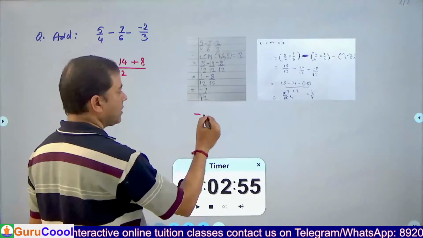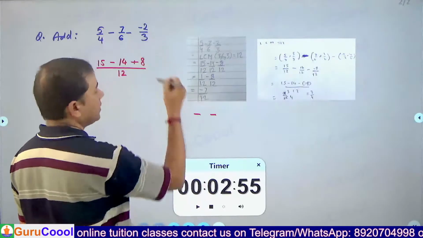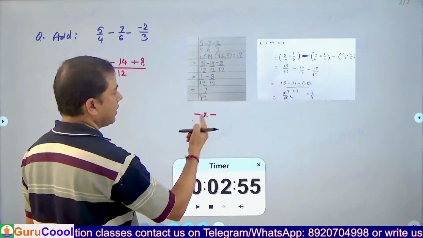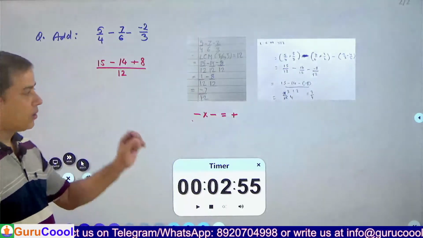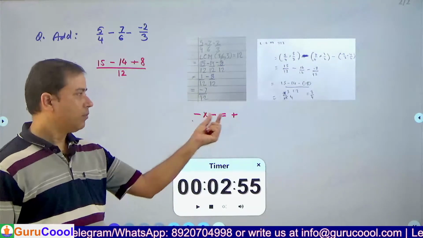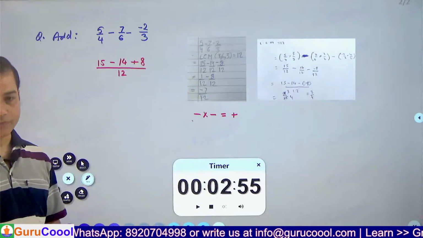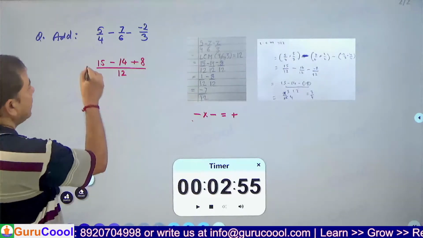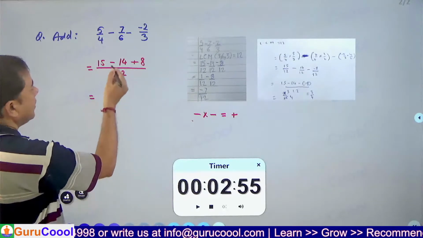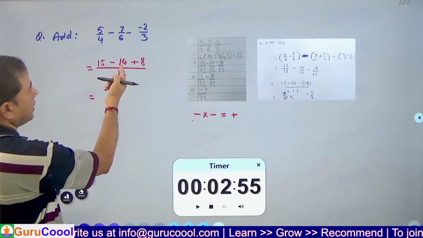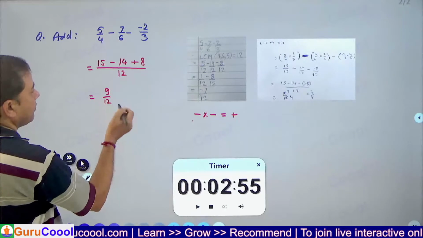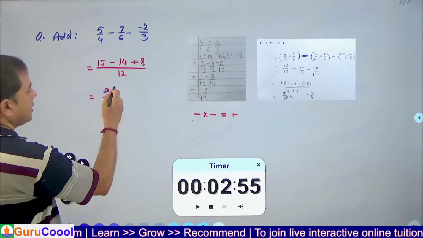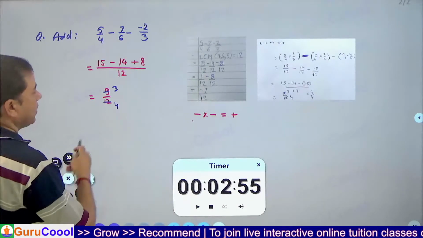If you have minus signs together like this, you multiply minus with minus and it gives you plus. So the product of two negative signs becomes positive. Now it is 15 minus 14, that is 1. 1 plus 8 is 9. 9 by 12. Simplify it further. 3 3s are 9. 3 4s are 12. Your answer is 3 by 4.